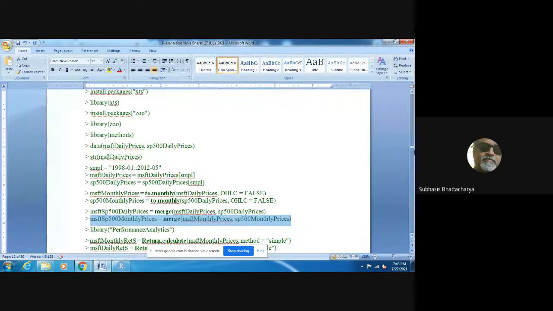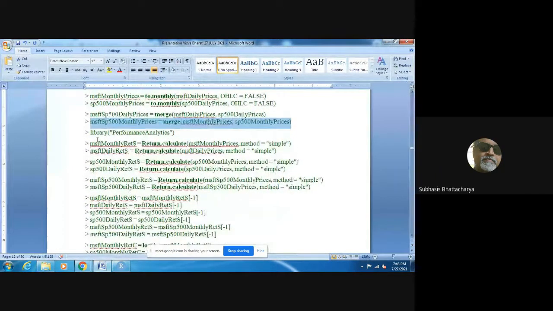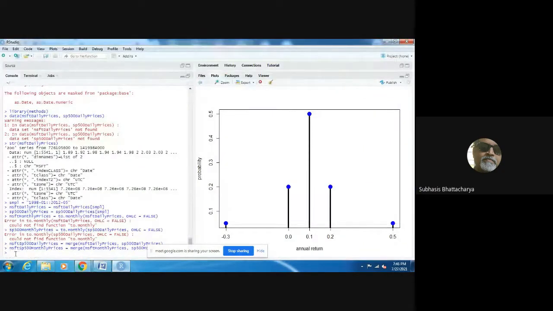Then the new thing is a new package required for the analysis of the performance, that is PerformanceAnalytics. It is also there in my computer, but you are applying it new. So here you just make another command, install PerformanceAnalytics, this kind of thing. And then open the library.